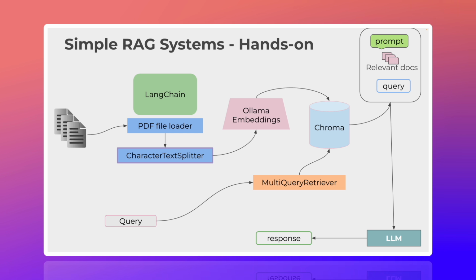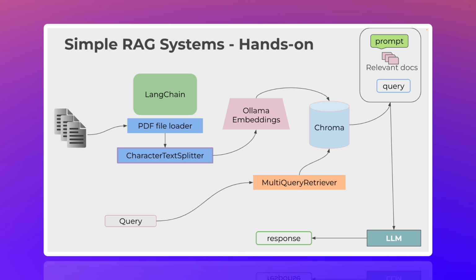We pass that through a large language model, which in this case, again, is going to be Llama 3.2, and of course generate the response that we so desperately need. So this is a RAG system now using Ollama embeddings and using Llama 3.2, which is part of Ollama.